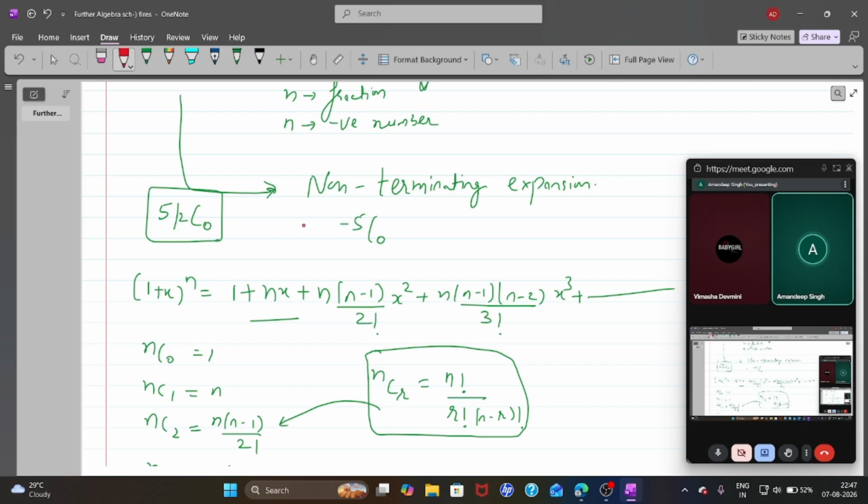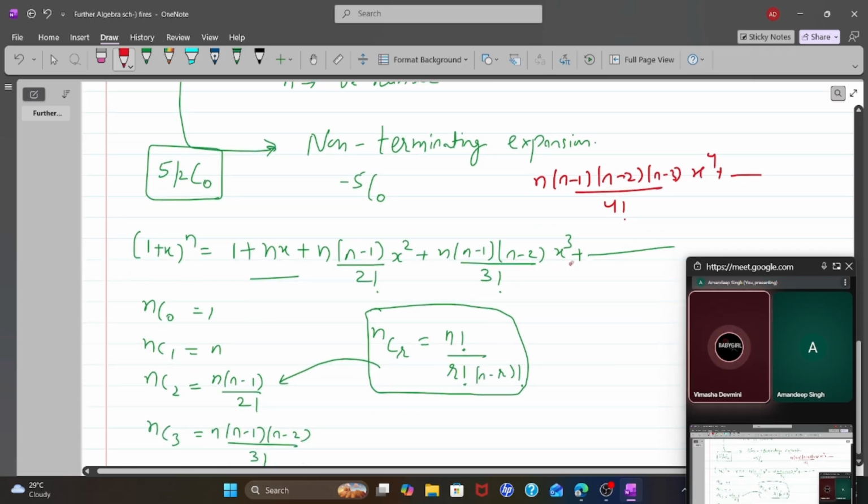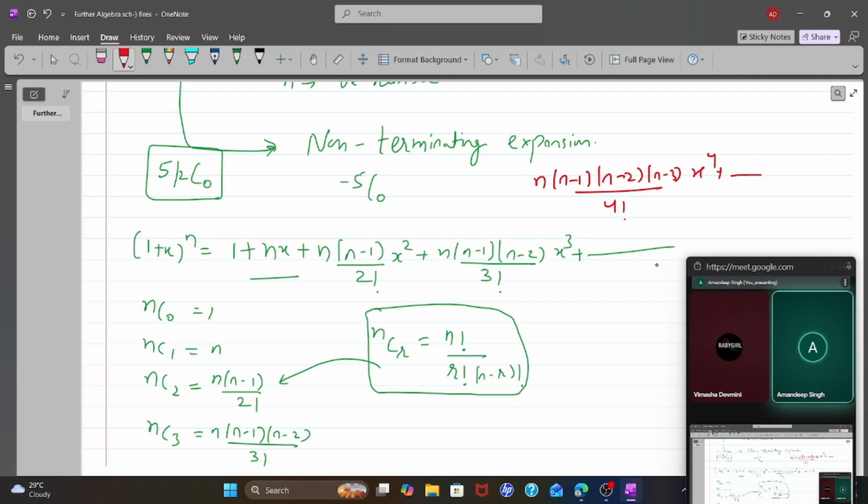Let us say if they ask till x to the power 4 or x to the power 5, then we can elaborate this expansion like n(n minus 1)(n minus 2)(n minus 3) divided by 4 factorial, x to the power 4, and so on. This is the general formula for everything.